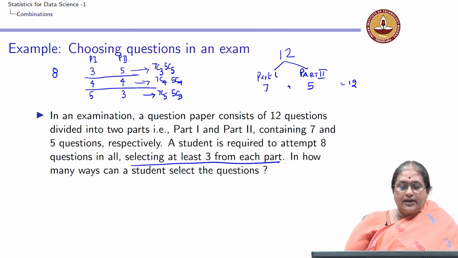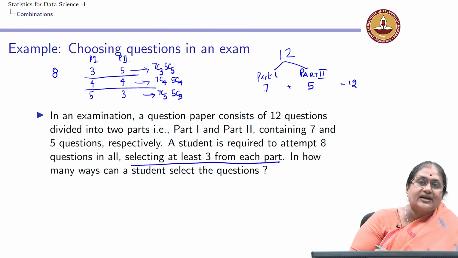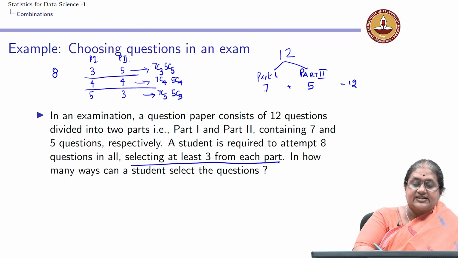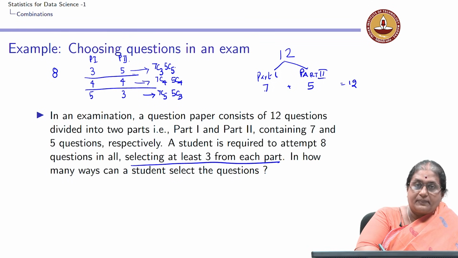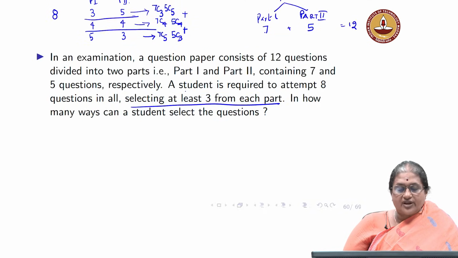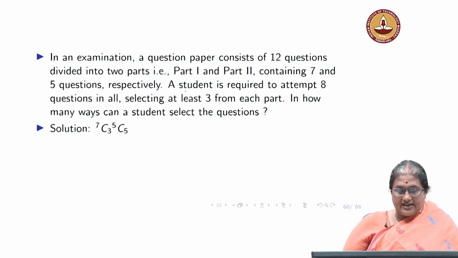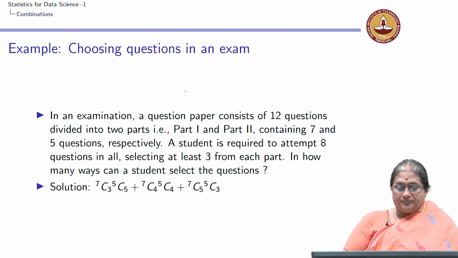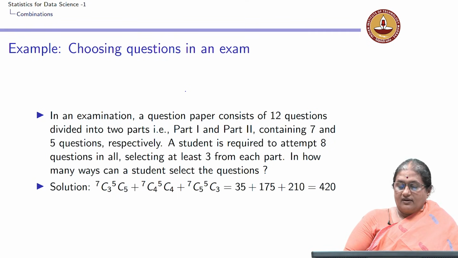So, the total number of ways a student can select questions is 7 choose 3 into 5 choose 5, plus 7 choose 4 into 5 choose 4, plus 7 choose 5 into 5 choose 3, which I can see is equal to 35.